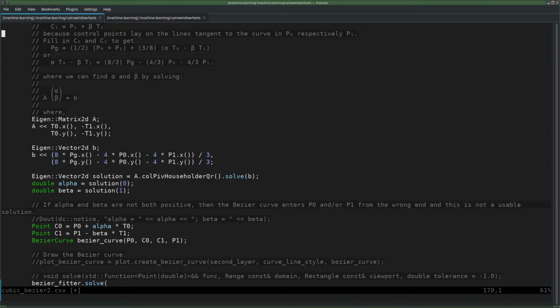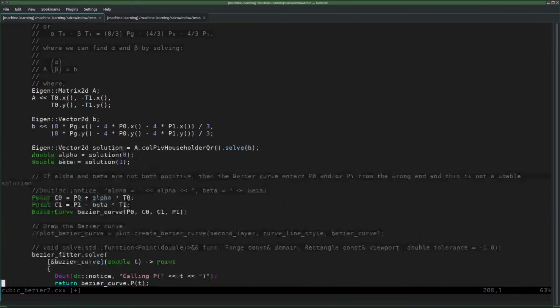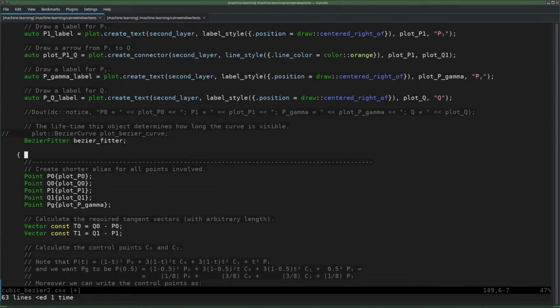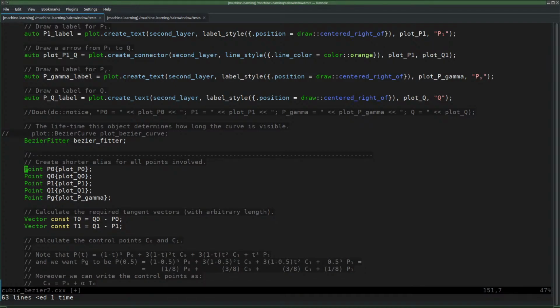Yeah, I think what I need is to, let's begin with, I'll just get rid of this scope here.